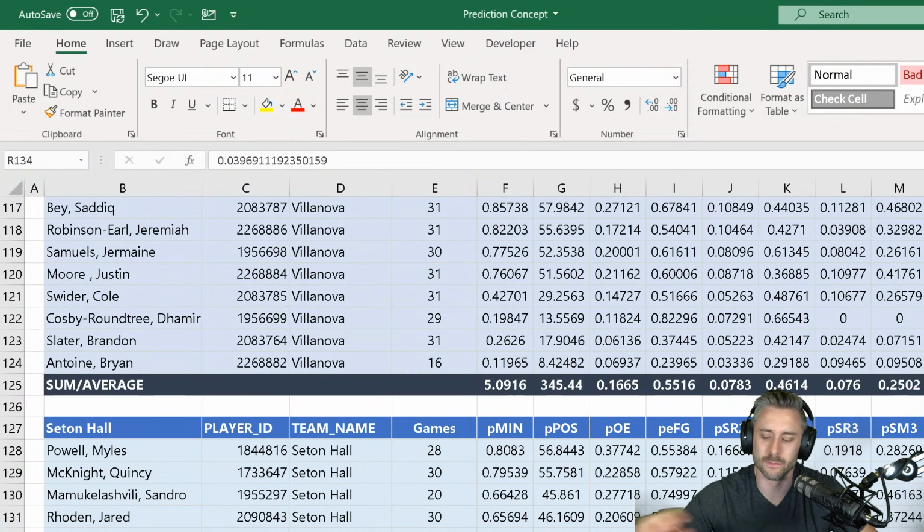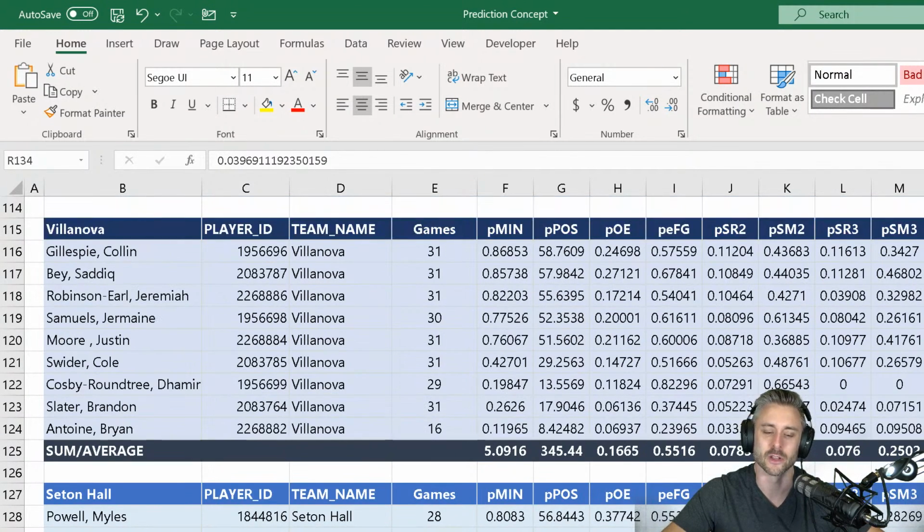But I think the hybrid approach is probably best. Maintain a database of big name, important, high usage, high offensive rating players that are hurt or not going to play, and try to adjust the team's stats before you do all the expectation calculations. That would be the best way to do it, in my opinion. At least that's the way I'm looking at right now.